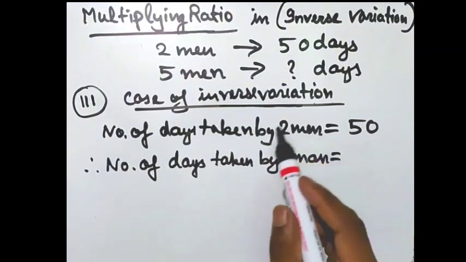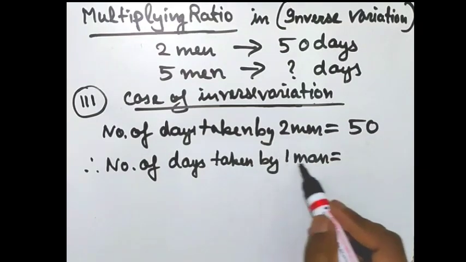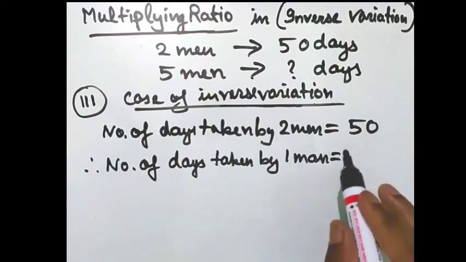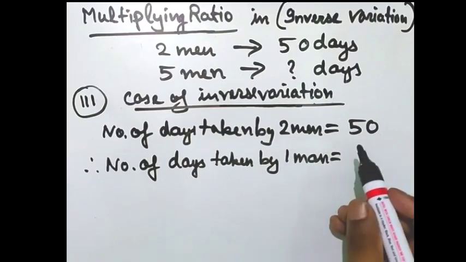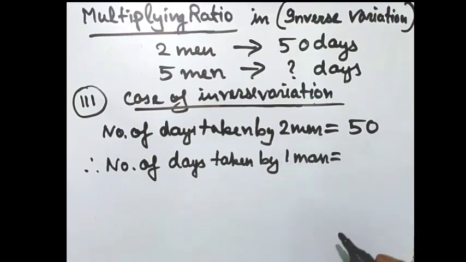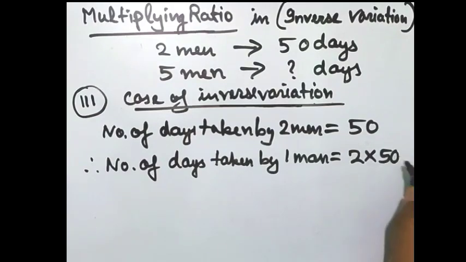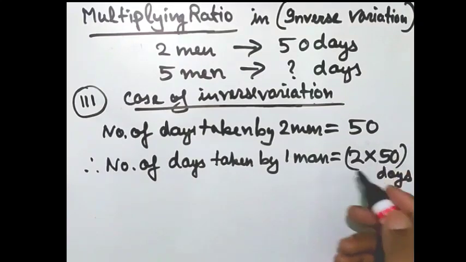Now 2 men can complete the work in 50 days. So will 1 man take more days or fewer days? Obviously more days he will take, isn't it? 2 men can take 50 days, so 1 man will take more days. So it will be 2 times 50 days. Now you can multiply and you get 100. So I'm just leaving it like this.